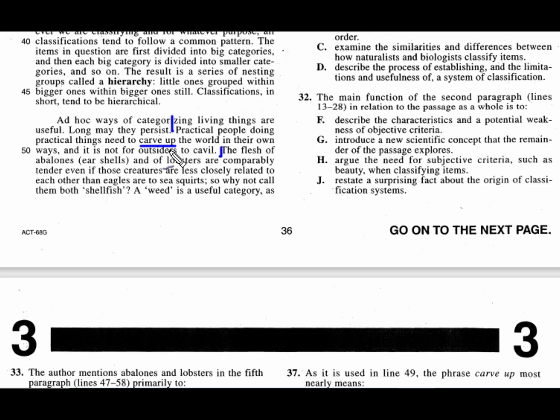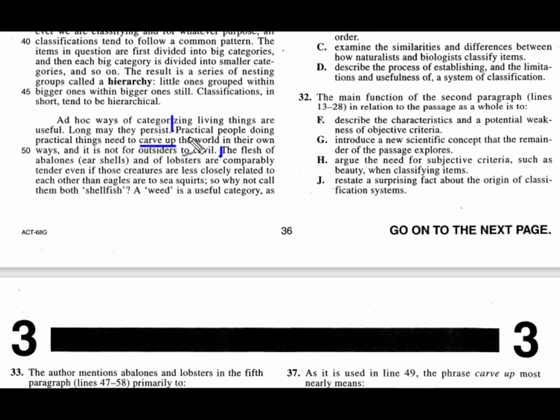Analyze for answer choice C. Practical people doing practical things need to analyze the world in their own ways and not from the outsiders. Okay, so that makes sense. Carve up, kind of decide on what you're going to carve and then analyze how you're going to analyze it. That makes sense. Put a dot by that one. And take a look at D, says inscribe.